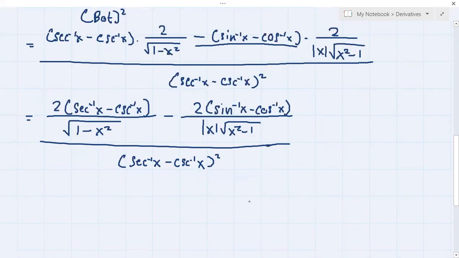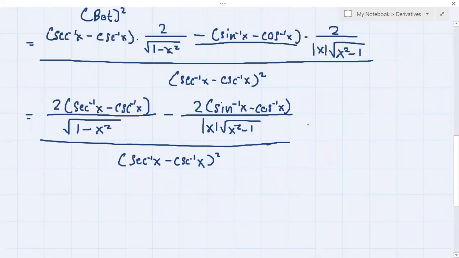Ano yung factor out ko rito? Okay? Ang i-factor out ko rito, si 2 all over the square of arc secant x minus arc cosecant x. Okay? Kasi yan yung greatest common factor nilang dalawa, which is 2 all over the square of arc secant x minus arc cosecant x.